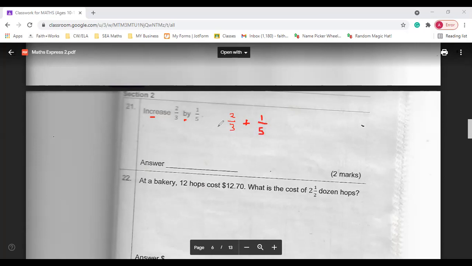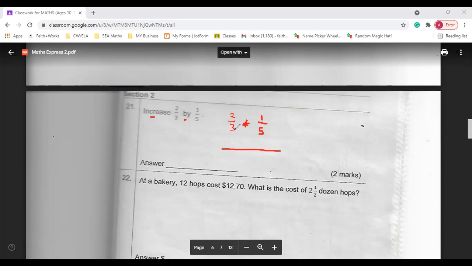So basically you're increasing 2/3 by 1/5 by adding it together. That's why it's easier to translate it into numbers and symbols that you can understand. You can choose any way of adding fractions with unlike denominators.